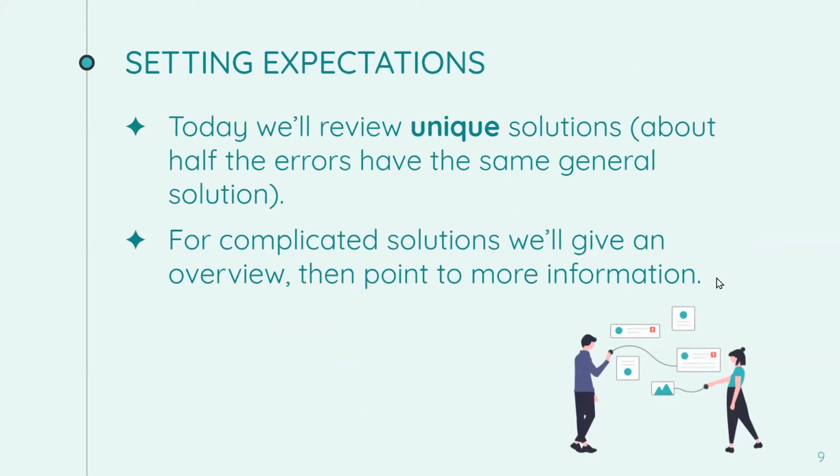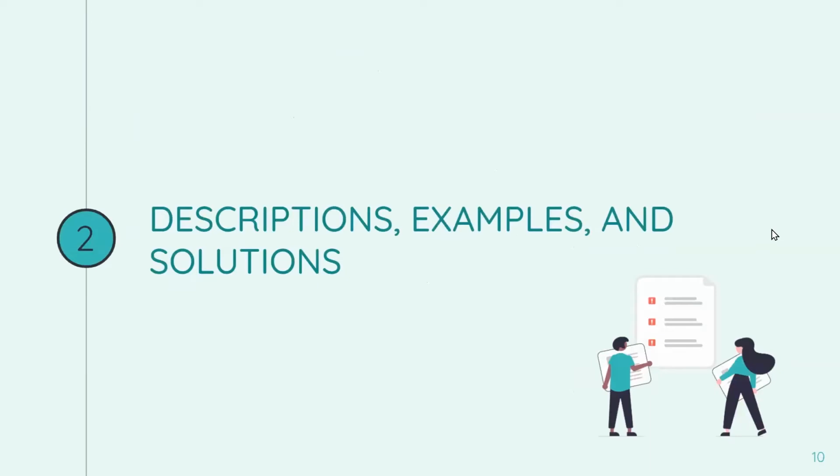And then for complicated solutions, because of constraints on time, we will give an overview of the solution, but then we'll point you to more information that you can look at as you want to. I just wanted to be clear about those expectations. Now let's hop into descriptions, examples, and solutions.